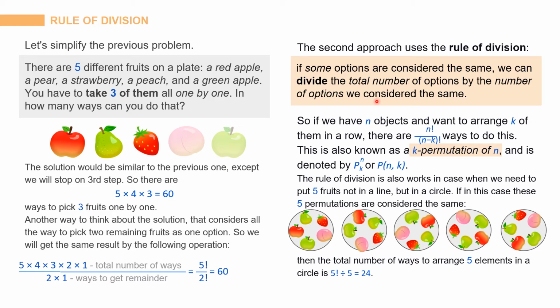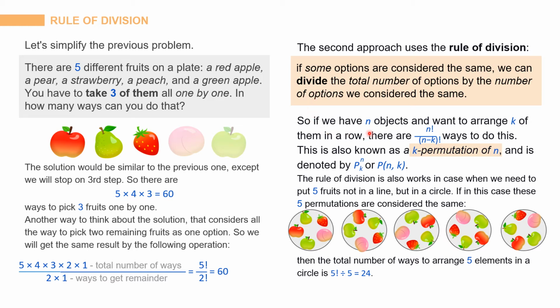So in this case, we had 120 ways to pick the fruit. We only cared about 3 pieces of fruit, so it didn't matter what the last two pieces of fruit were. Those two were going to be considered the same. There were 2 factorial ways to pick those last 2 pieces of fruit, so we divide by 2 factorial.